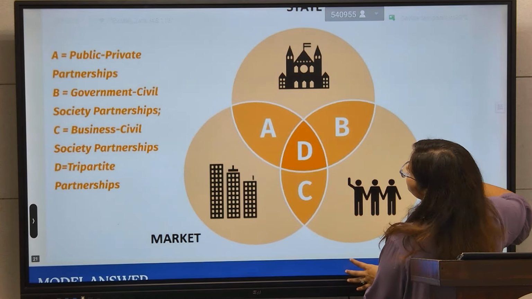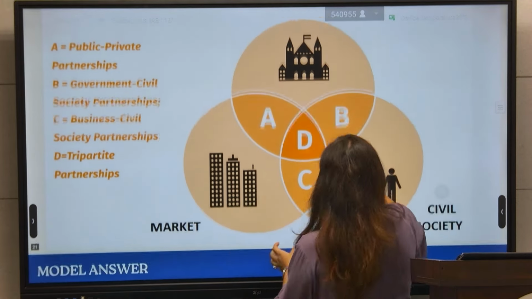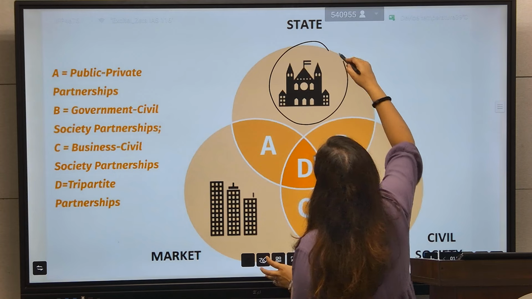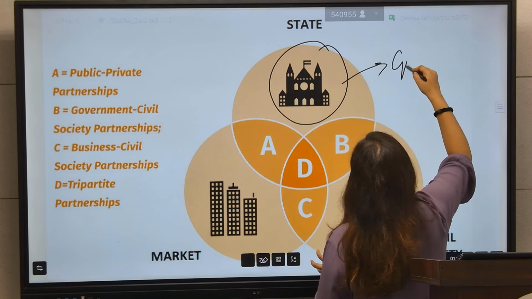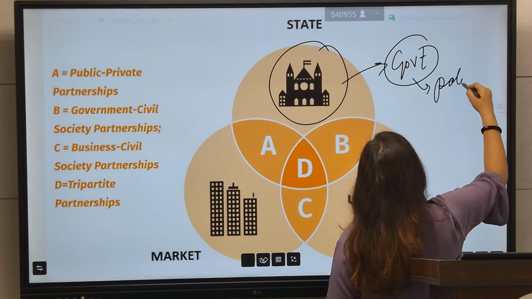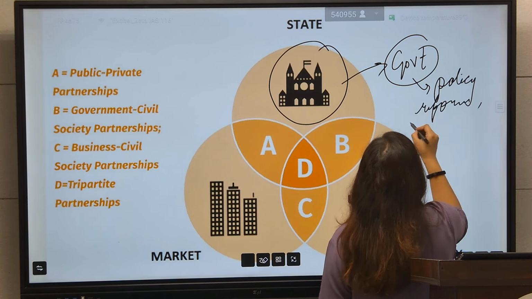So this diagram, see, you have to draw the diagram also. So here is government. Government will give you the policy reform, infrastructure.